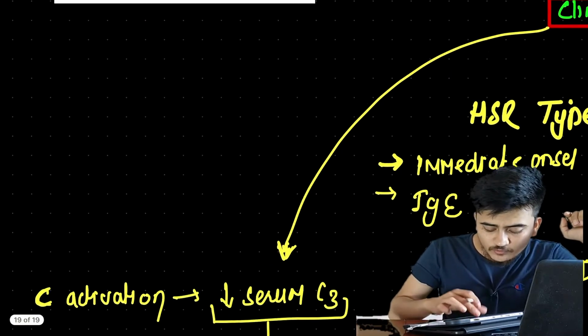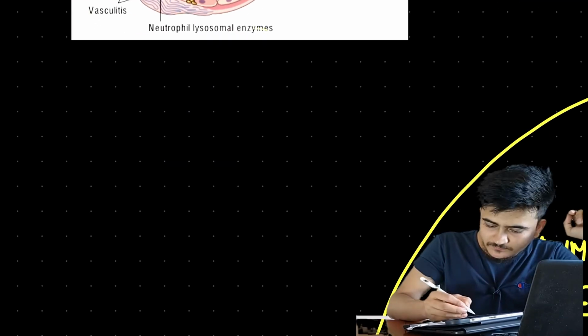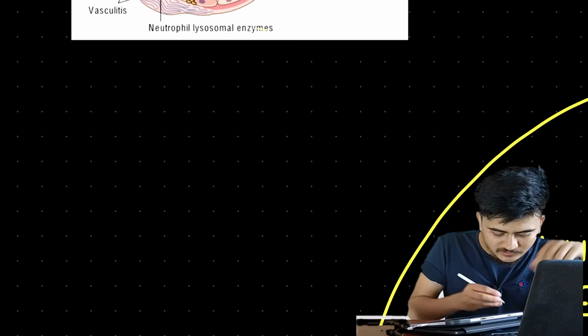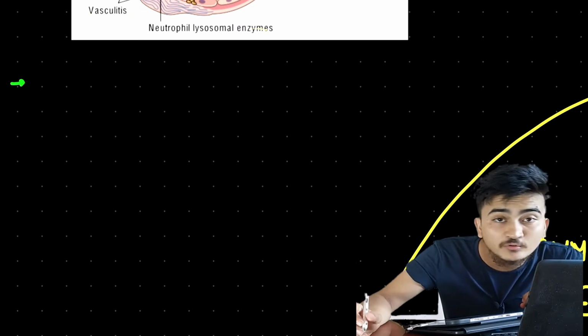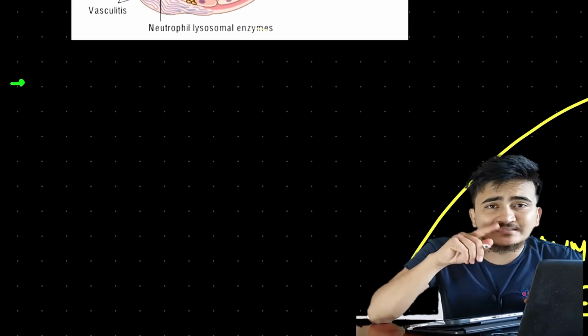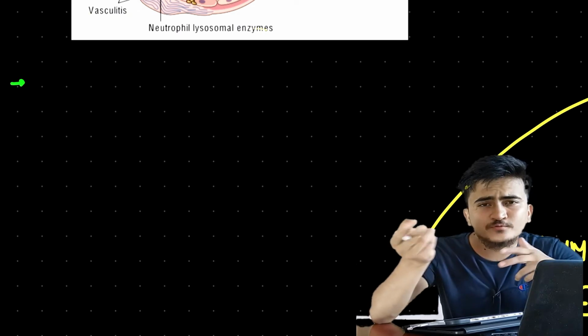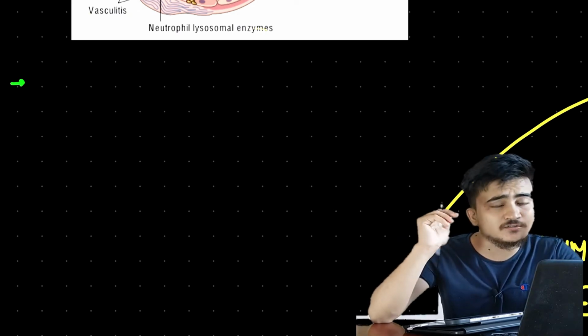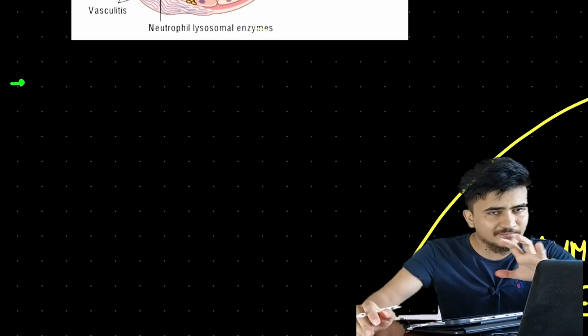Now what is the point that we have still not discussed? We haven't discussed the examples of disorders that happen with the process of hypersensitivity type 3 reaction. What are the examples?